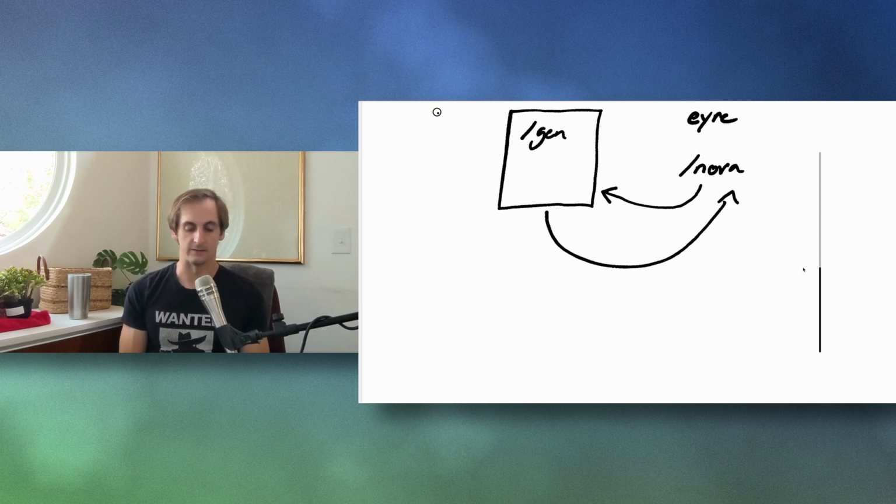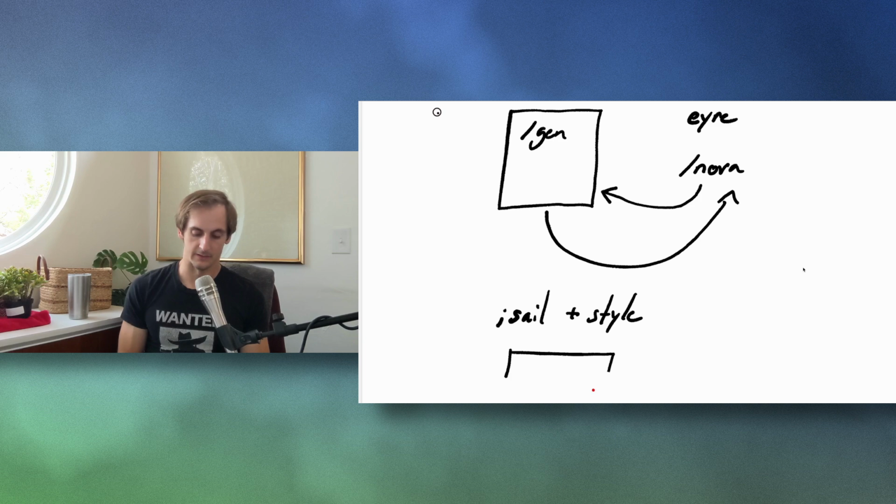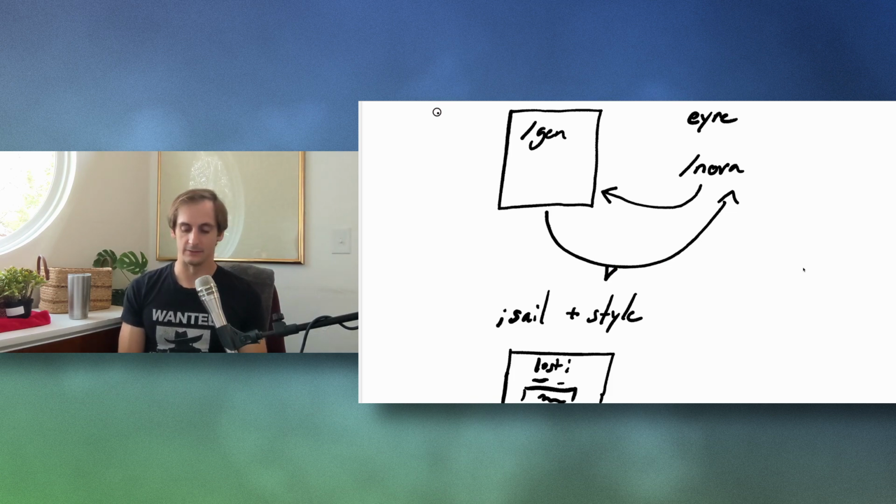Then we proceeded to add sail and style so that the image you see at the end is a nice little thing. And that's what's hooked up into this. Yeah, it was literally create a file, edit the file, link it up to a certain place so it can be seen.